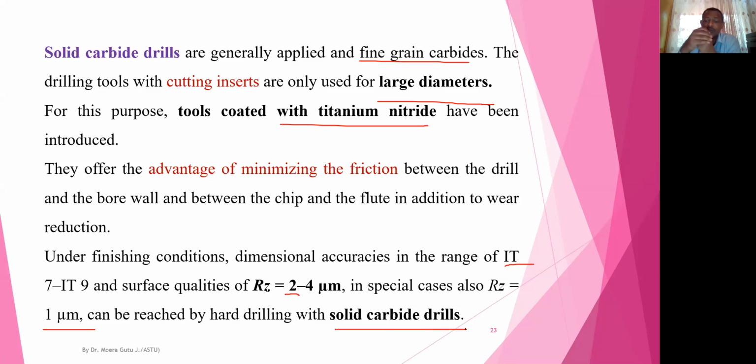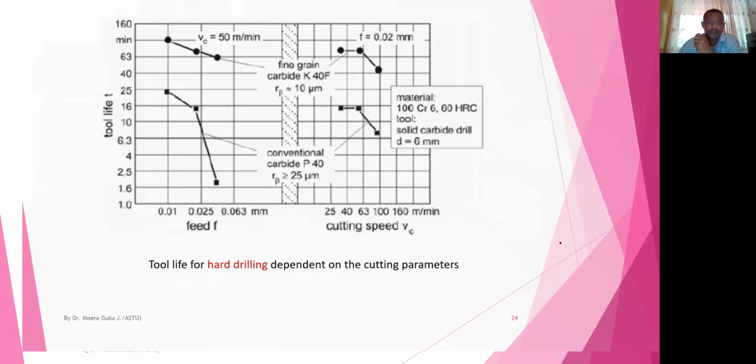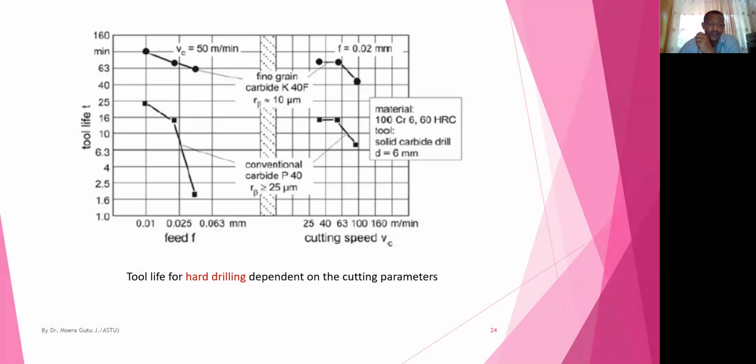So a very fine surface finish up to 1 micrometer can be achieved by solid carbide drills. You cannot use the inserts here. Cutting tool inserts can be used only for machining large diameter workpieces. This is in the case of drilling.